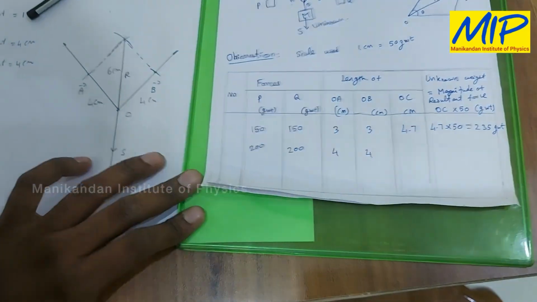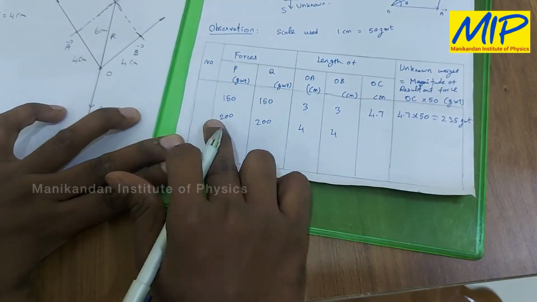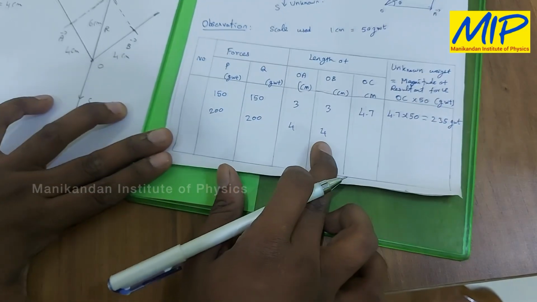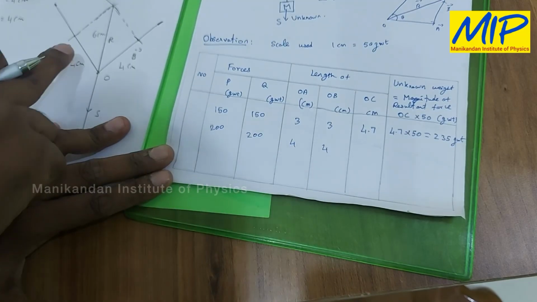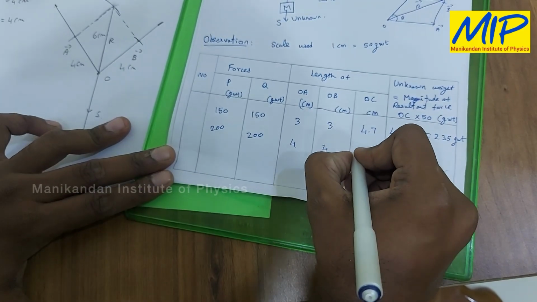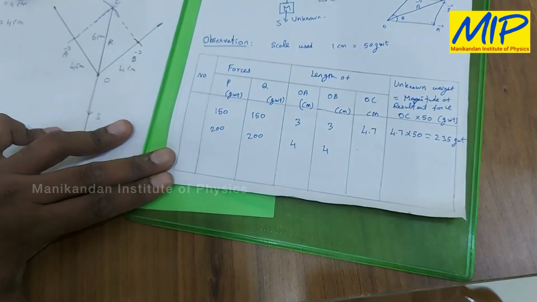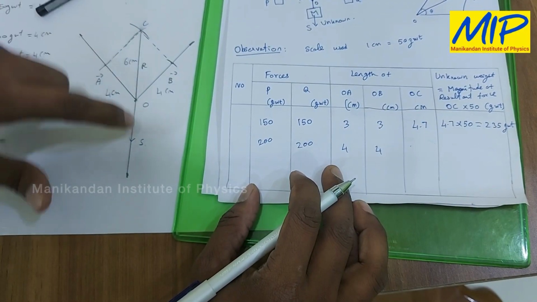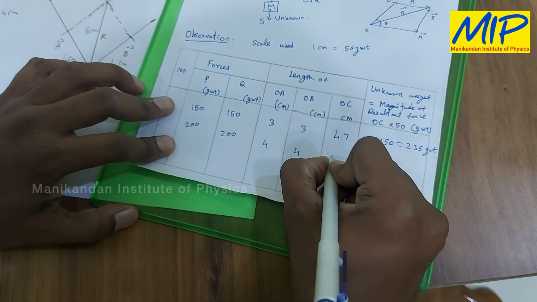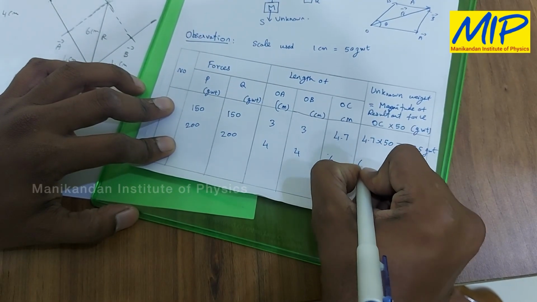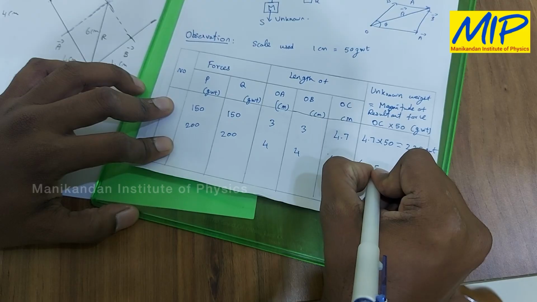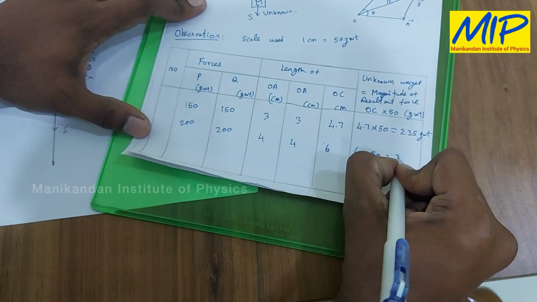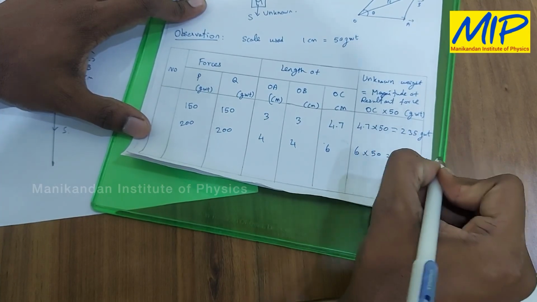P is 200, Q is 200, OA is 4 centimeter, OB is 4 centimeter, and now my R is 6 centimeter. R is nothing but my OC. So this is my OA, OB, and OC. OC is 6 centimeters. So if I write 6 into 50, it's going to be 300 gram weight.